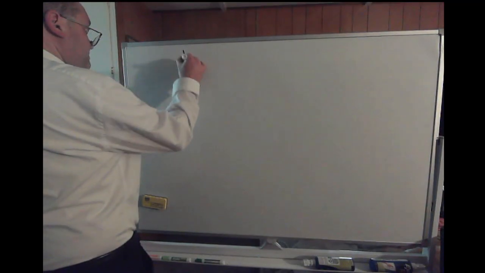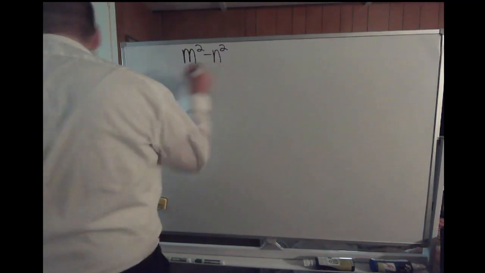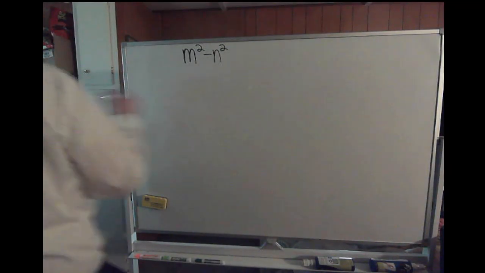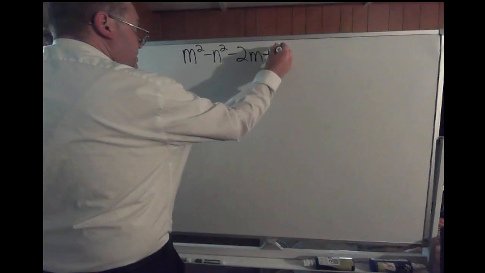Alright, what's next? M squared minus n squared minus 2m plus 1.